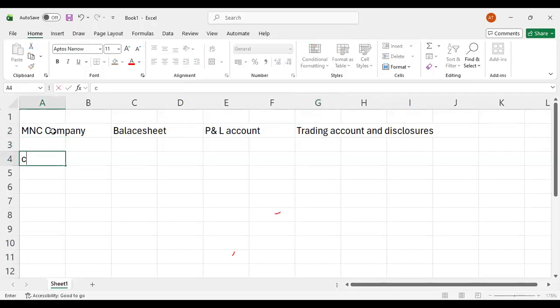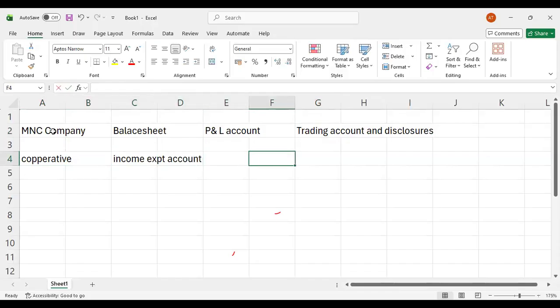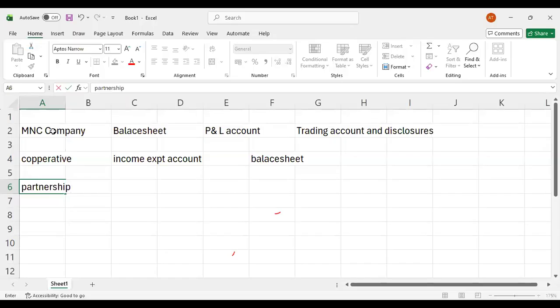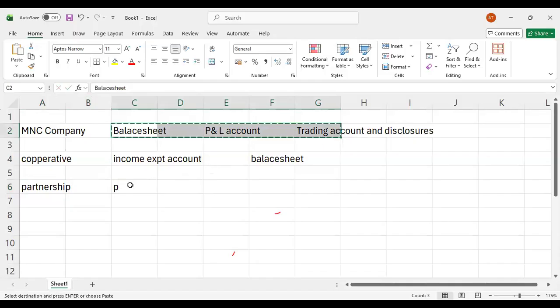When I talk about a cooperative firm, I have income and expenses account, and I have balance sheet. When I talk about a partnership firm, then I may have P&L account, balance sheet, and trading account.